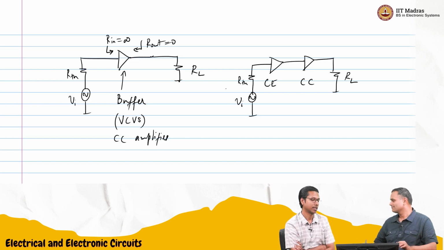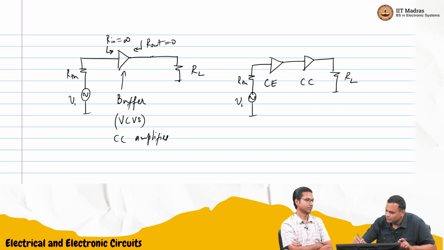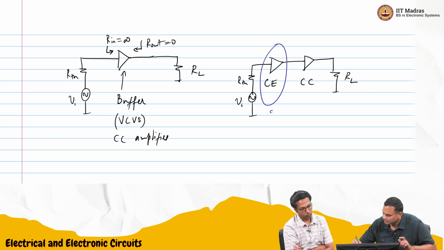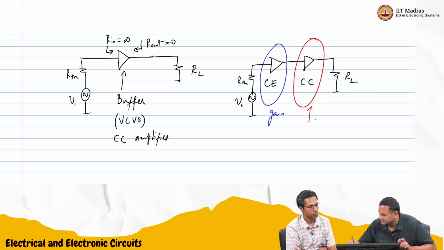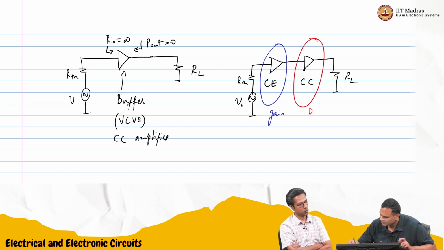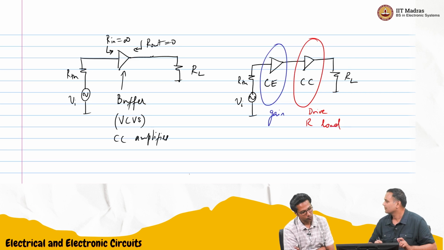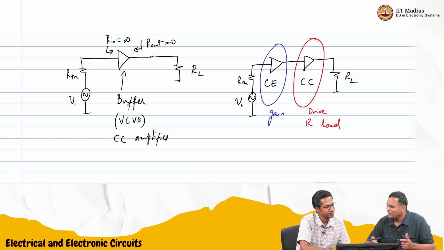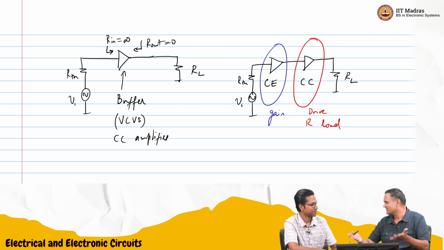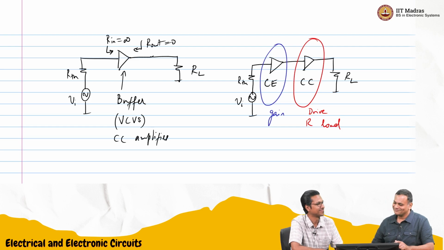Something like this. So this will give you gain, and this will give you drive resistance. Very nice. These are all very commonly used circuits and cascades and so on.